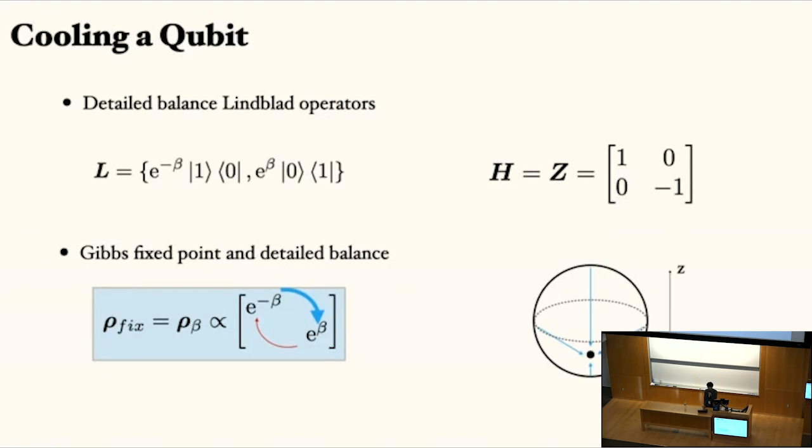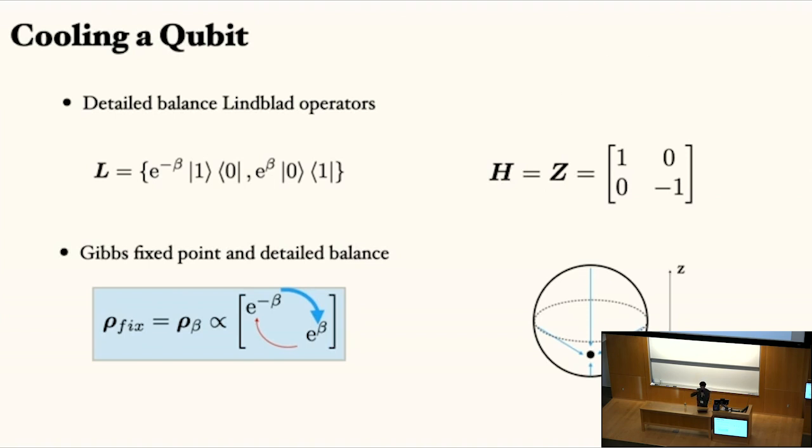Here is a very concrete example on a qubit. I'm sure you have seen something like this somewhere. Here are the jumps. These jumps are just flipping 1 to 0 and 0 to 1, so there are two processes that are the reverse of each other. They have different weights, and these weights are perfectly chosen by nature such that the Gibbs state is the fixed point.